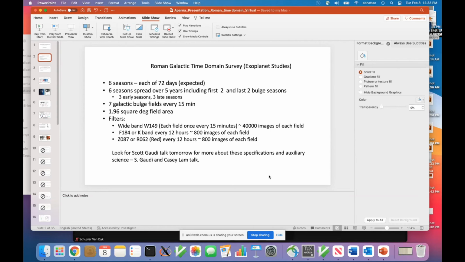I'm not sure if each filter, like each red filter, will be taken once in 24 hours or once in 12 hours. I know that we don't know if it will be taken alternately, or if we will be taking data in both the red and blue pass bands every 12 hours. I don't know about that.